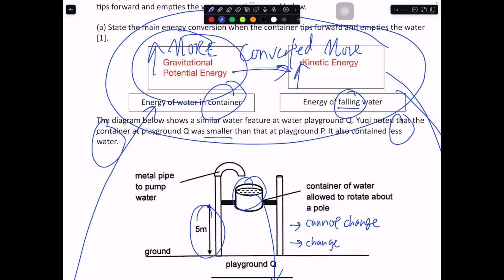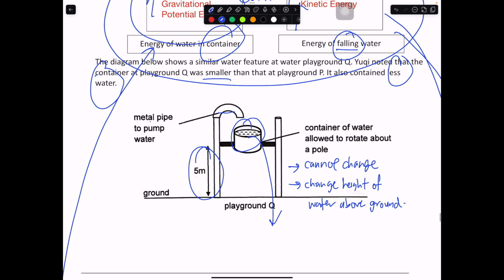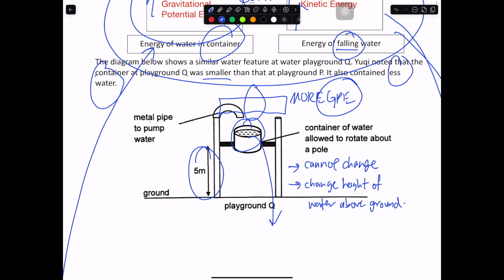You can change the height of water above ground. So when you change the height of the water above ground, the water at a higher height will have more GPE to begin with, then you can convert to more KE, then you have a greater impact again.